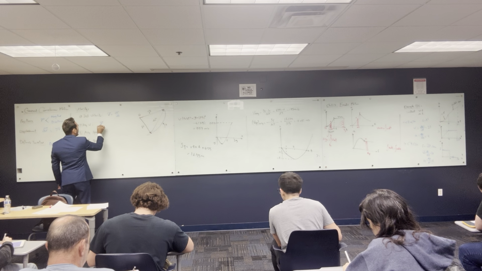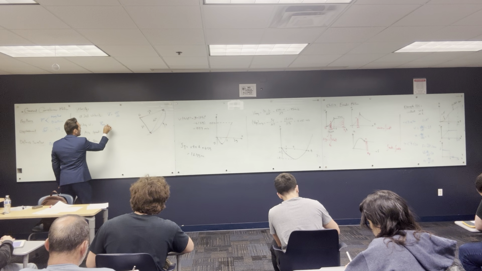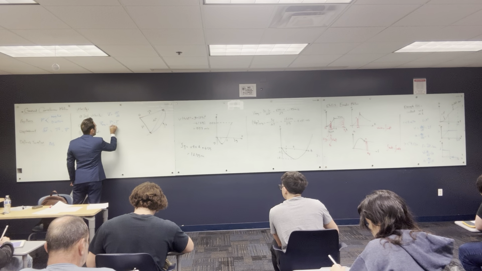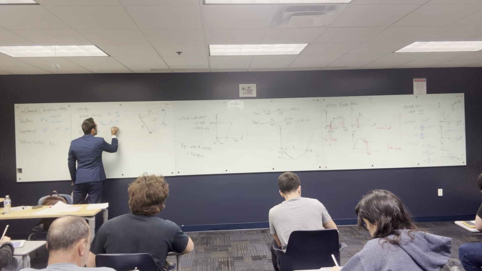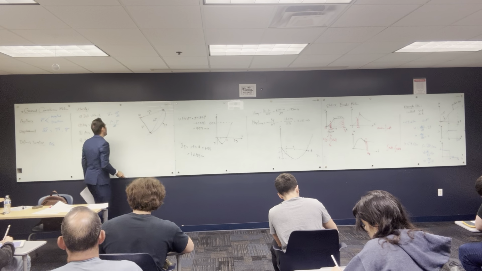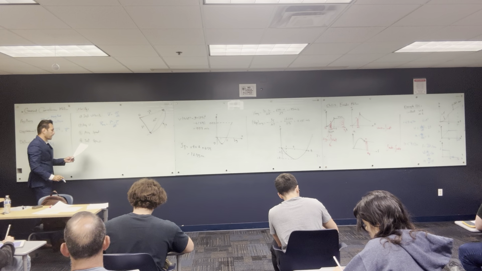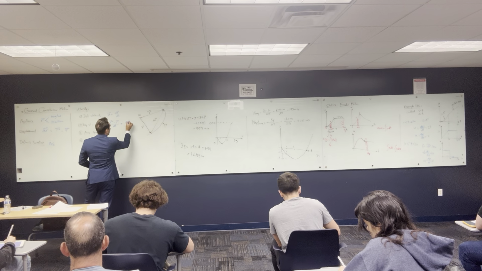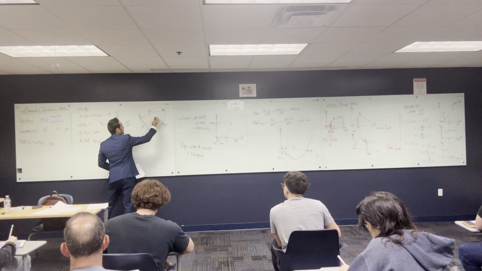If you want to find v average, it's going to be equal to the final position r minus the initial position r over delta t. You find the final minus the initial and divide by delta t, which we call delta r over delta t.